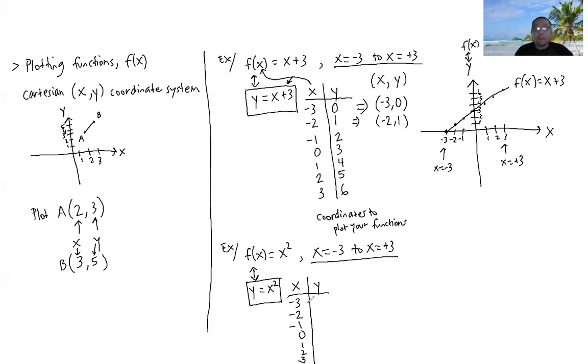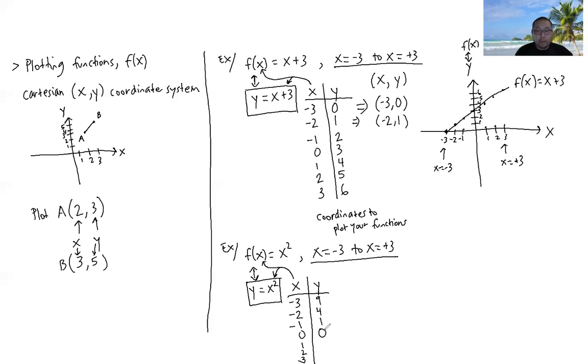Nice. So again, all you're going to do to fill out this table is evaluate this function at these x values. Wherever you see x in your function, you're going to replace it with these values. So you can do that here, and down here. Same thing. So -3 squared is 9. -2 squared is 4. -1 squared is 1.